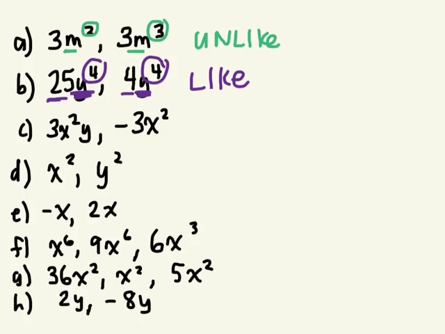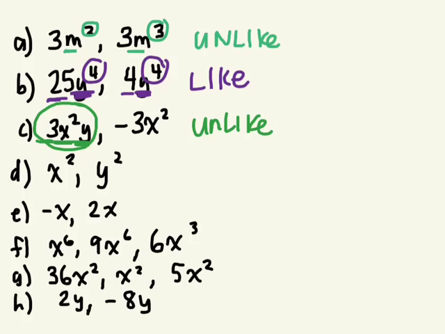Okay, what about c? Who thinks they're like terms? Who thinks they're unlike? They're unlike. Why? Because this term right here, this is the whole term. It's 3x squared y. Remember I told you terms are separated by addition or subtraction?